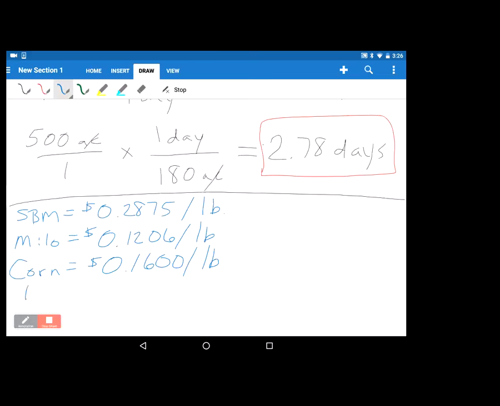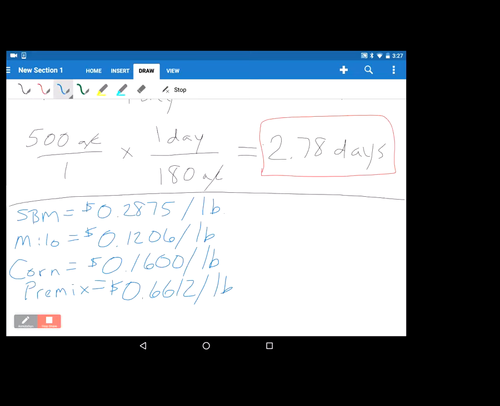And then that premix. It's $33.06 per 50 pounds. So if we did 100 pounds of that, it would be 66.12, which would be 66 cents basically. You could also just divide 33.06 by 50 and get the same thing.